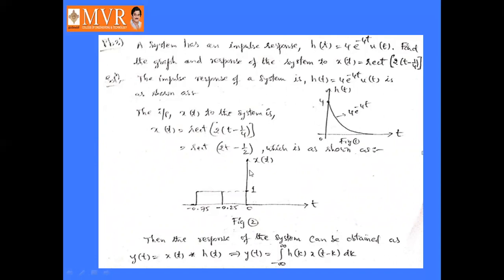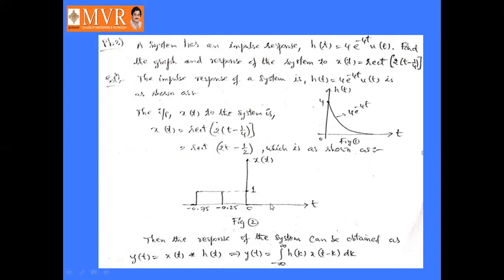The input signal x of t is a rectangular function of 2t minus 1 by 2, which is shown like this. If t is 0, then it is rectangular of minus 0.5. If t equal to 1, it is 2 minus 1 by 2, that is 3 by 2, it is 1.5.